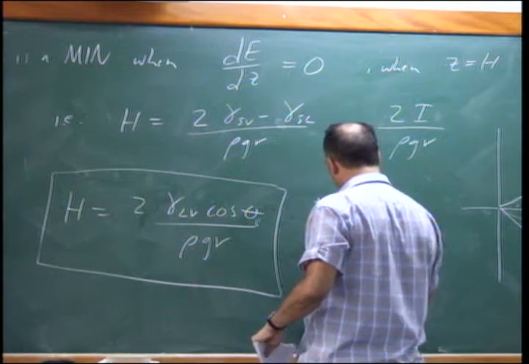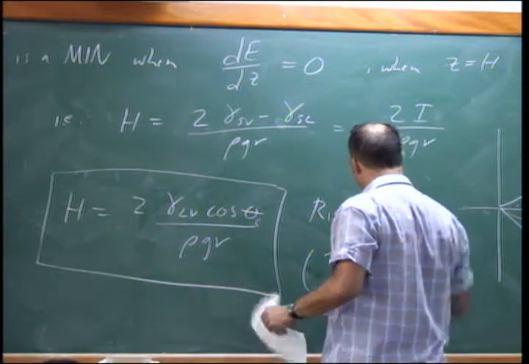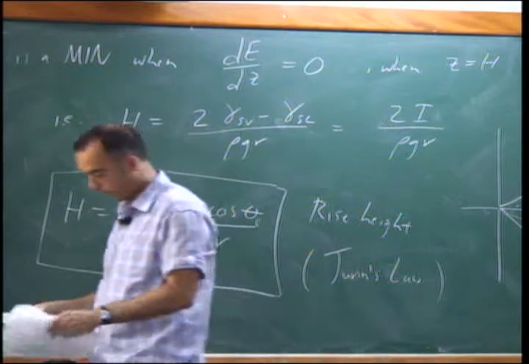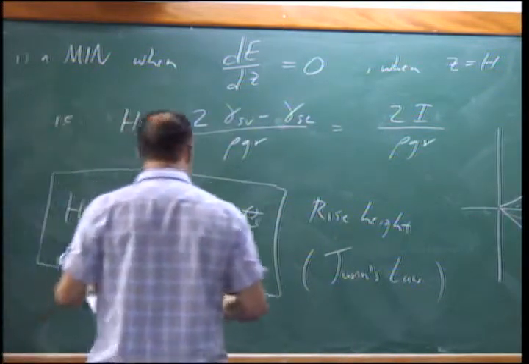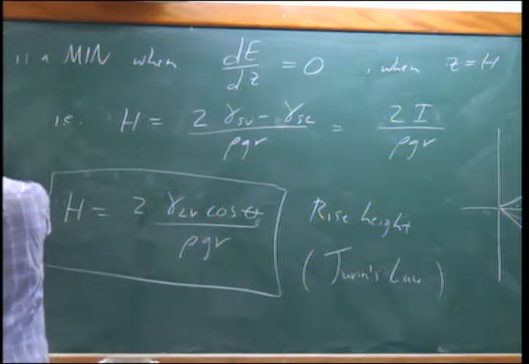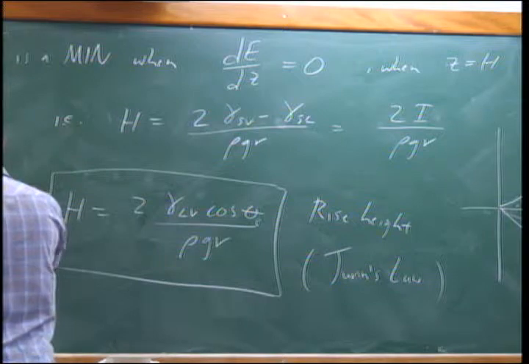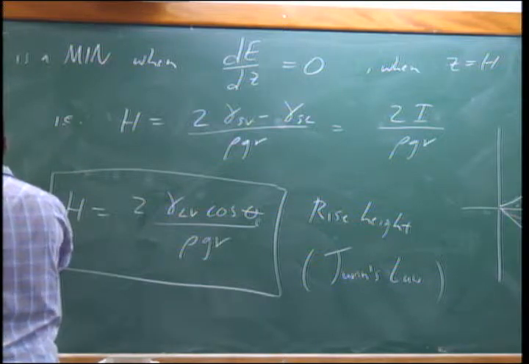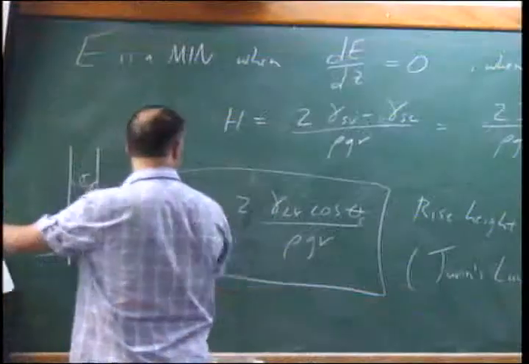And this is consistent with Jurin's law. So it is quite nice in that, again, if we know what the surface tension is, and we know what the contact angle is, you're basically done. You can predict its height.